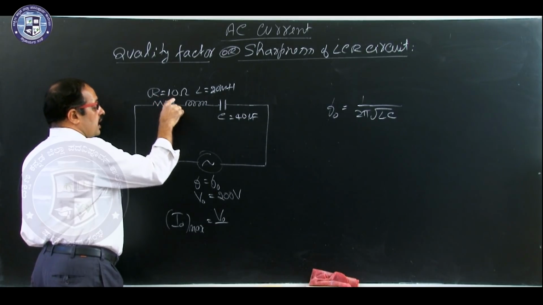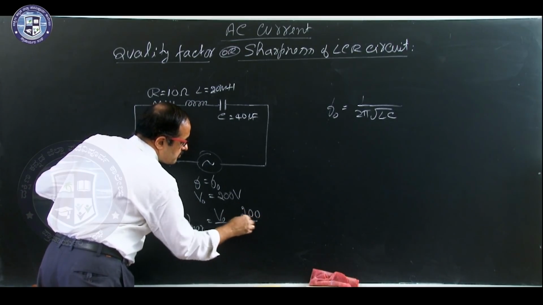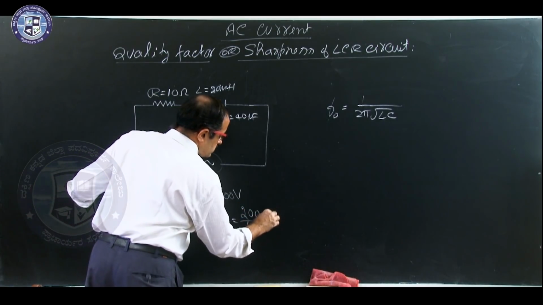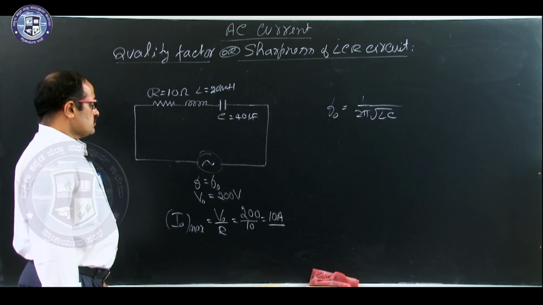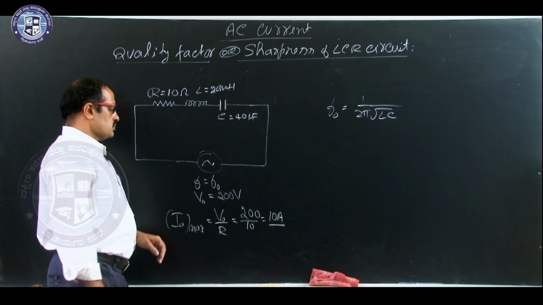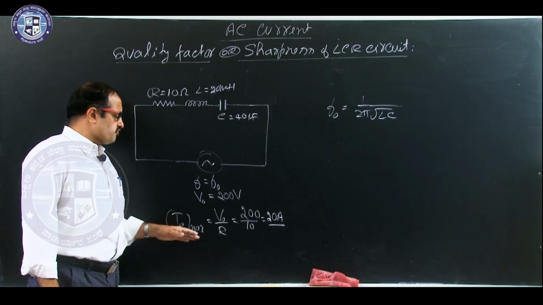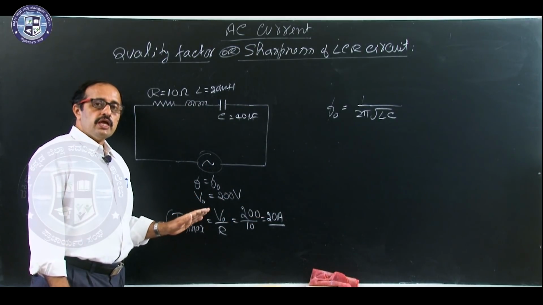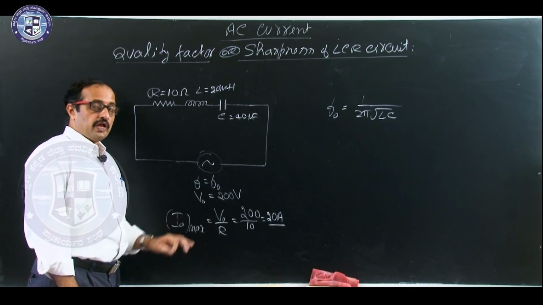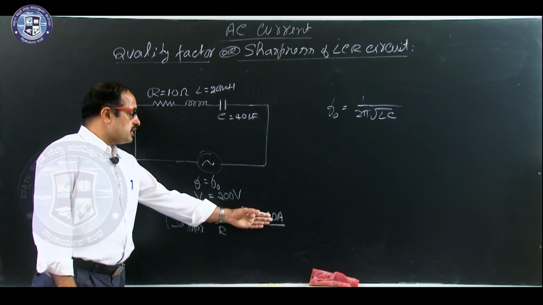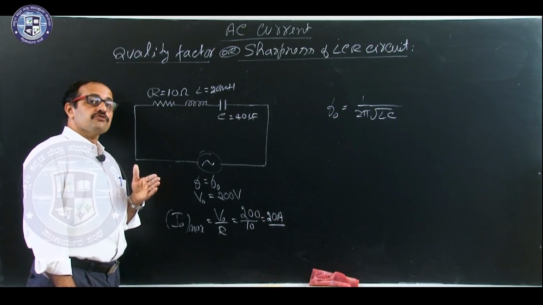Z minimum is R, that is 10 ohms. So 200 by 10, that is 20 ampere. Therefore, what is the highest current in the circuit? 20 ampere. I am not talking about RMS value, I am talking about peak value. For RMS value, we must divide by root 2, 20 by root 2. That is the highest RMS value.